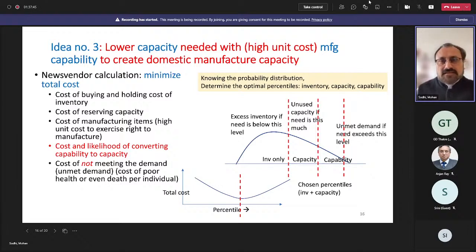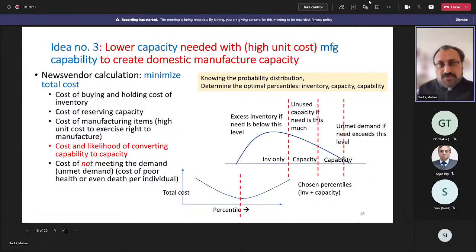So then idea number 3. Now that we're talking about capacity, let's go further and talk about capability. What do we need to create that domestic capacity? That capability is something that will lower the capacity needed as well, because you'll have the capability to create capacity.